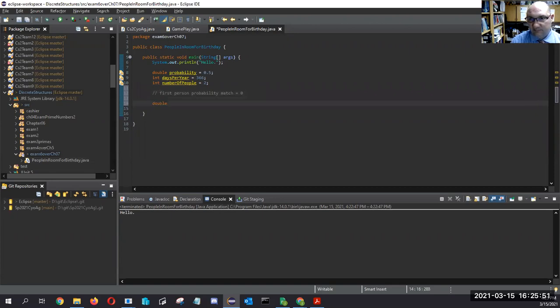So we'll say double probability of second equals, fix this just a little bit. I'm trying to make some notes as I go, right?